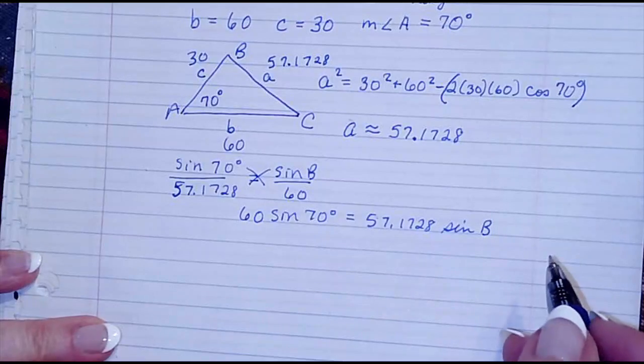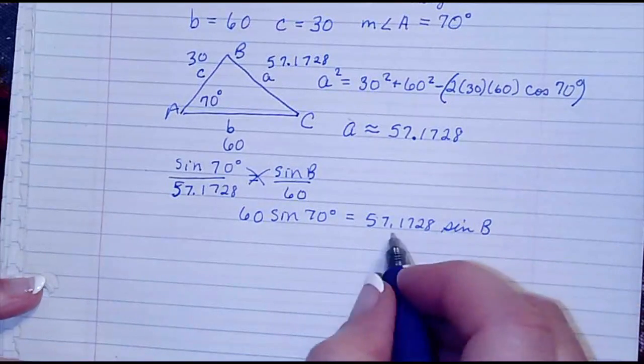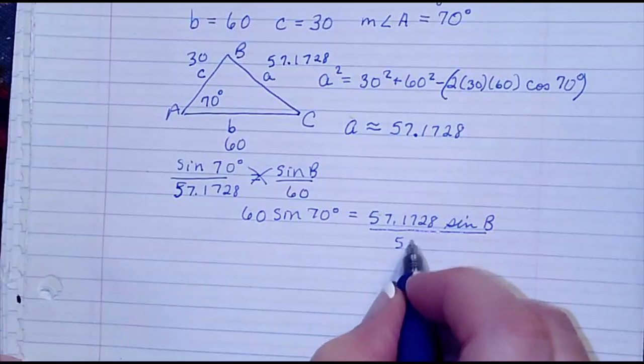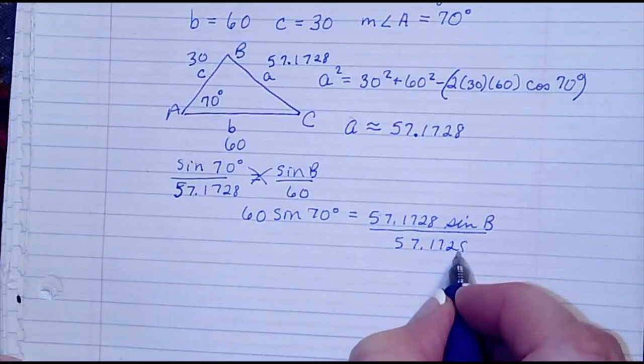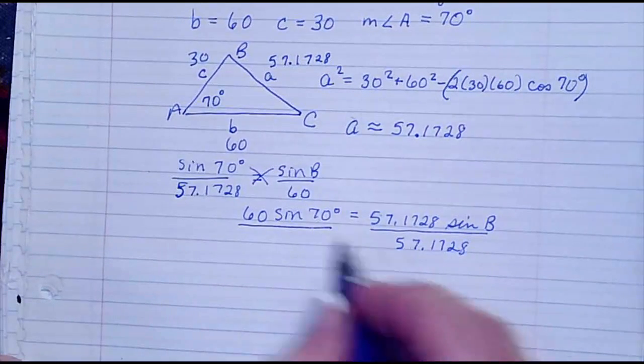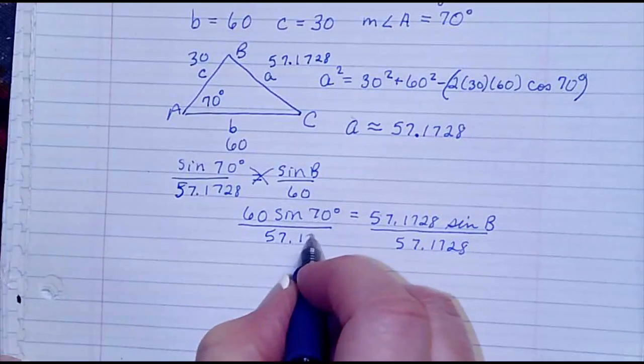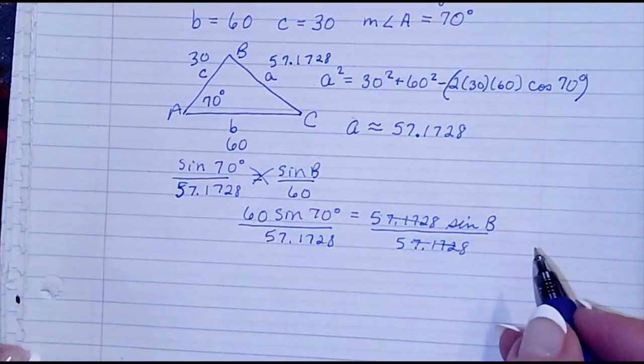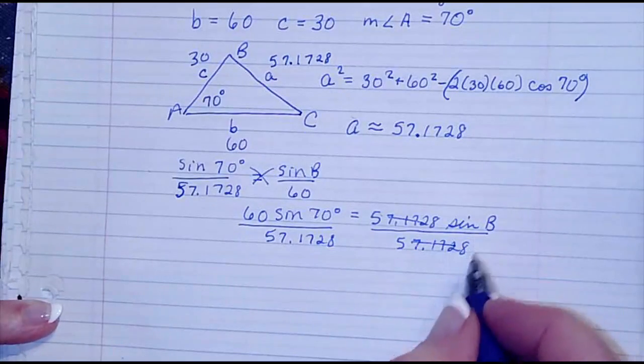But we're solving for B, so the next thing we're going to do is get this sine B by itself. So I divide by 57.1728 on this side and 57.1728 on this side, so these two cancel out. Now that gives me sine of B equals.